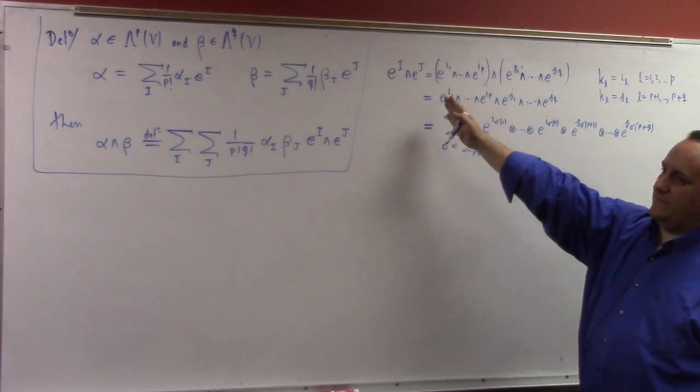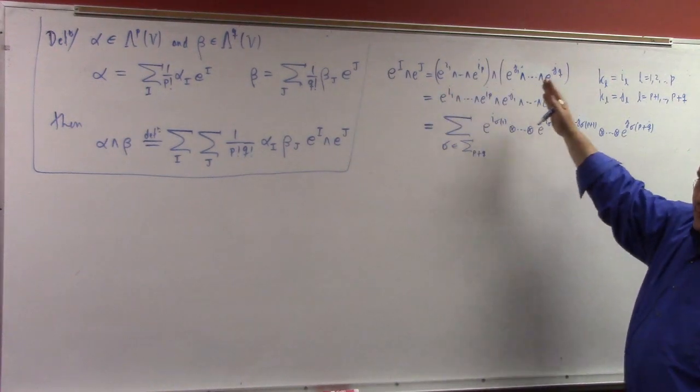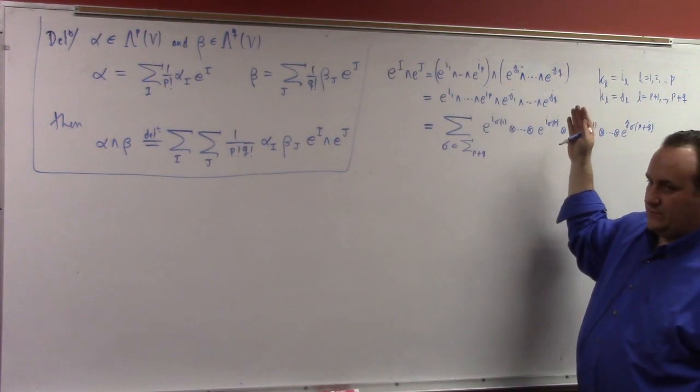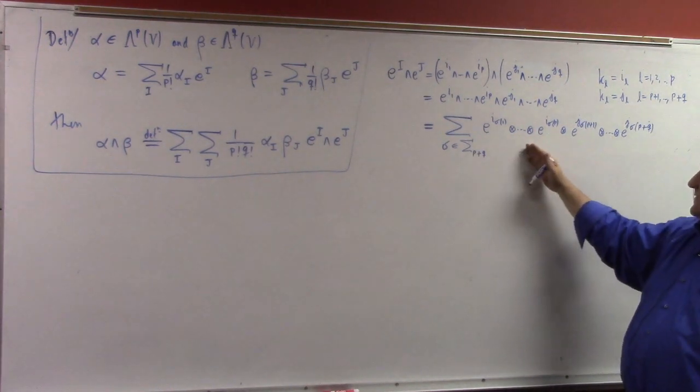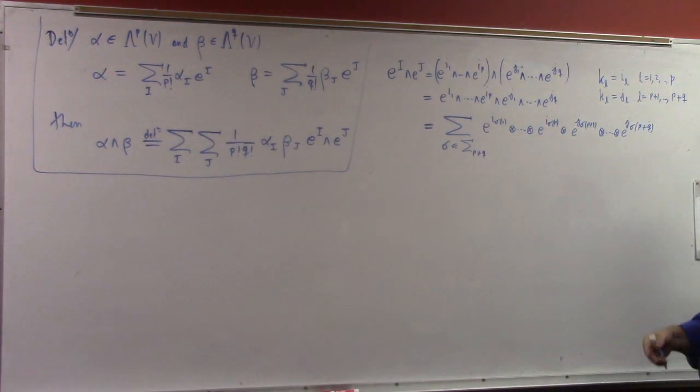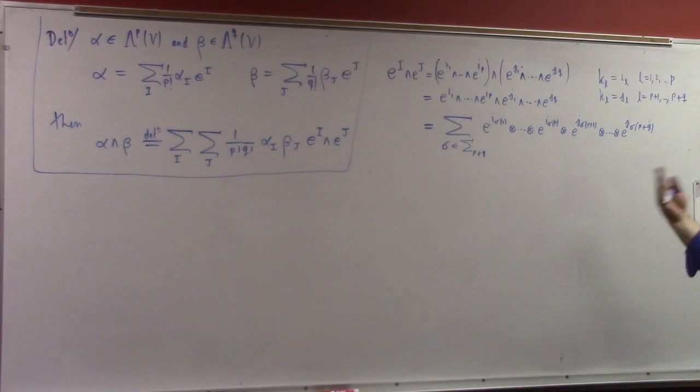So then I would have a wedge product of dual vectors enumerated by a single index k, and then I can apply my definition and I would get this. It's the completely anti-symmetrized tensor product of p plus q dual vectors.